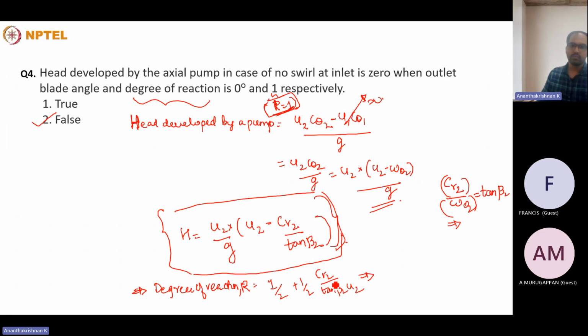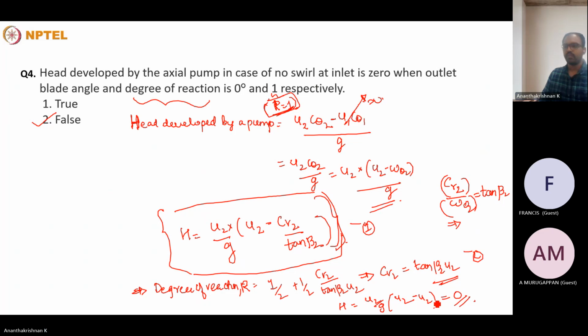So when the degree of reaction is 1, CR2 equals tan beta 2 into U2. We can substitute that value of CR2 in equation 1. We get H equal to U2 divided by g into U2 minus, substituting CR2 equal to tan beta 2 into U2, U2. We'll get it to be 0.